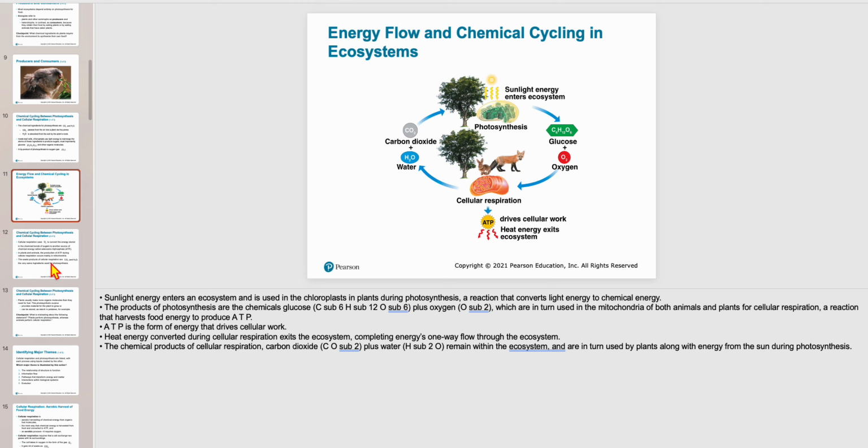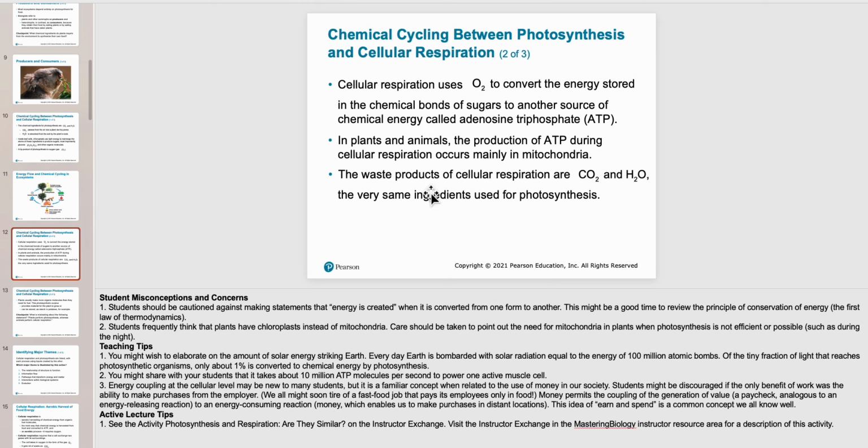Okay. Next slide. So this slide is very, very important picture-wise. The author says the same thing again, so I'm going to skip this one. Again, we're now talking about cell respiration this time, where we use oxygen to produce these things. And yes, the plants and animals do eventually end up making ATP.